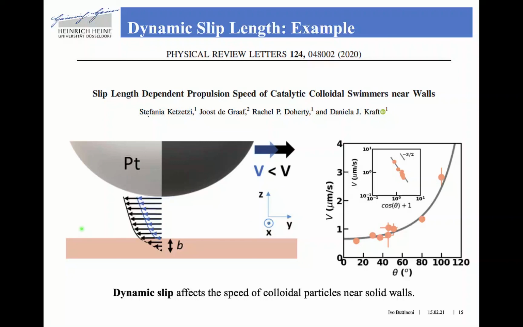As the contact angle of the underlying substrate changes, as shown in this plot, this flow profile penetrates, so to speak, more or less into the underlying solid substrate, and as a consequence, the swimming velocity changes, as nicely illustrated in this cartoon. And in agreement with what we just said, these changes are significant when we are dealing with a substrate that is highly hydrophobic.